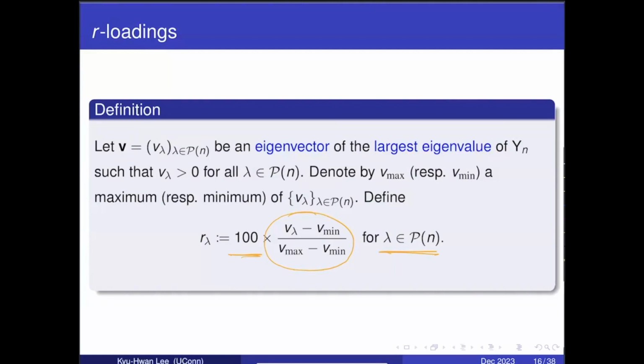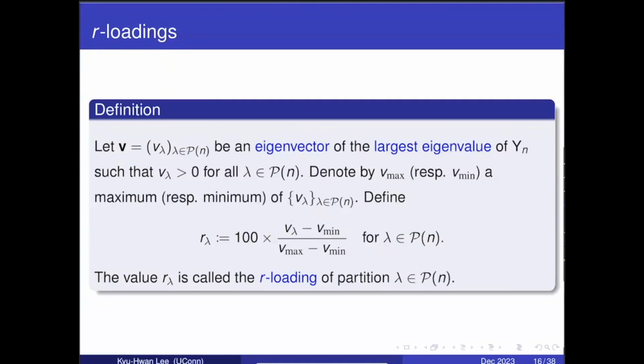So that's the definition of this R lambda. Then we'll call this number the R loading of a partition. So this measures how important this partition is in the similitude matrix or in the data set for the similitude.